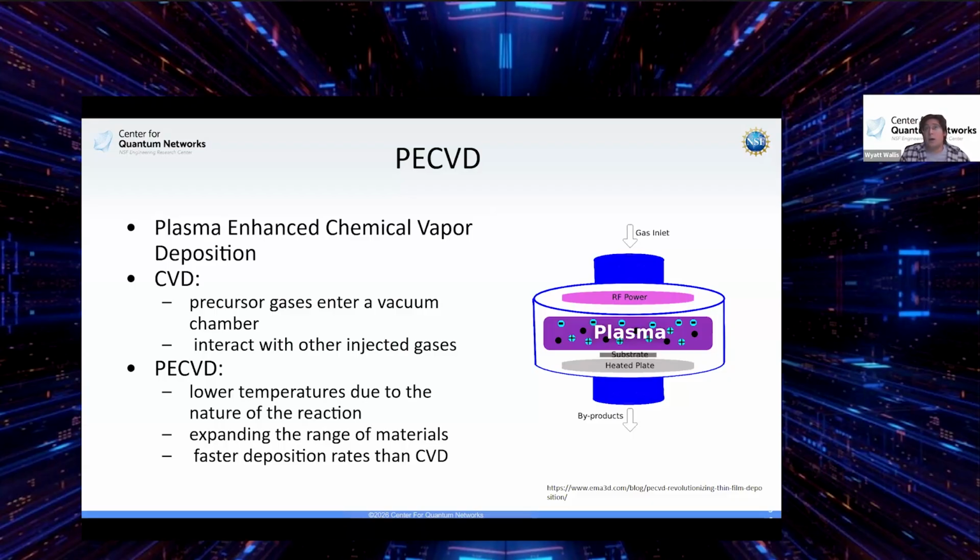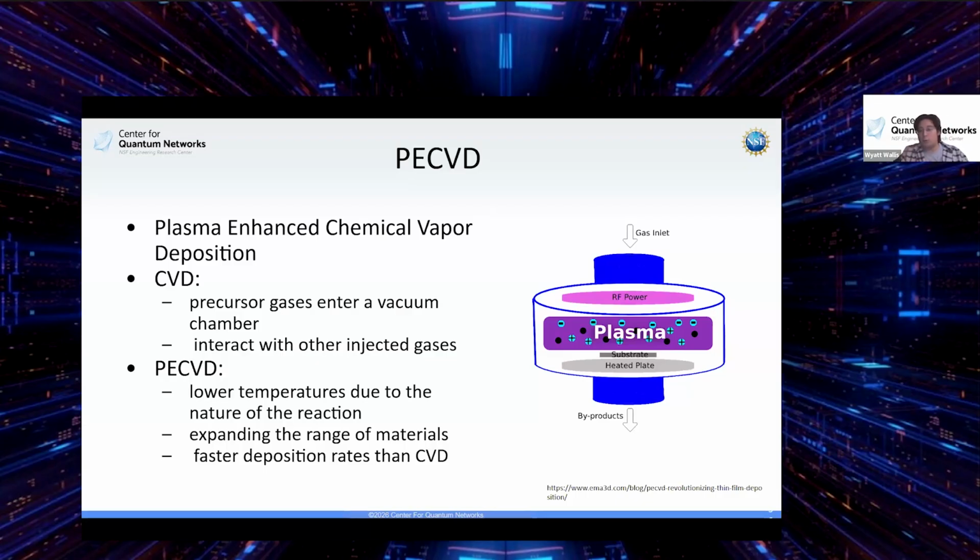This can be used for some of the other photonic materials we didn't talk too much about, like your silicon nitrides, your silicon carbides, things like that. And the plasma enhanced version also has faster deposition rates than a common CVD. There are a couple organic materials that can be put on there, but those are pretty few. So you'd have to look up to see if you could do that.